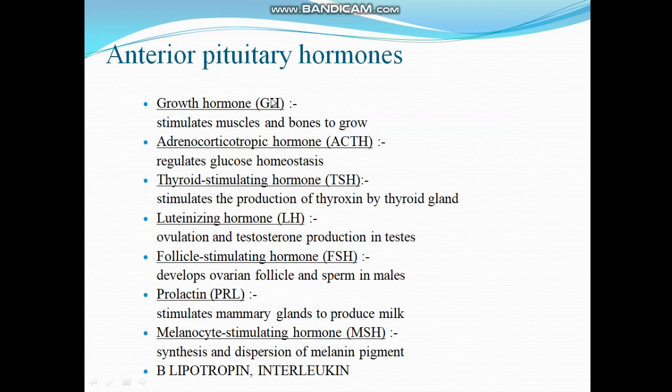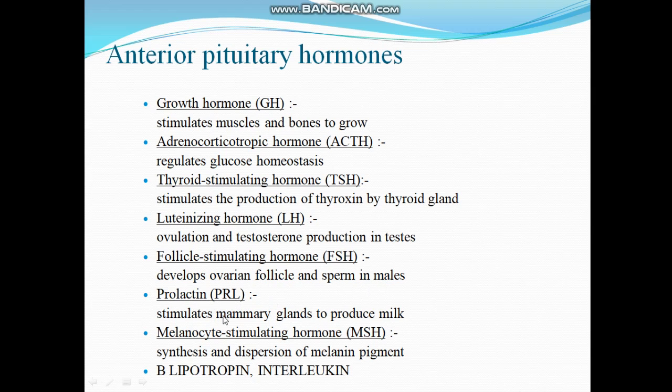So, the anterior pituitary gland secretes growth hormone that stimulates muscles and bones to grow, and adrenocorticotropic hormone that regulates glucose homeostasis. It secretes thyroid stimulating hormone, which makes the thyroid gland produce thyroxine. It secretes luteinizing hormone for ovulation and testosterone production in the testes. Follicle stimulating hormone develops the ovarian follicle and sperm in males.